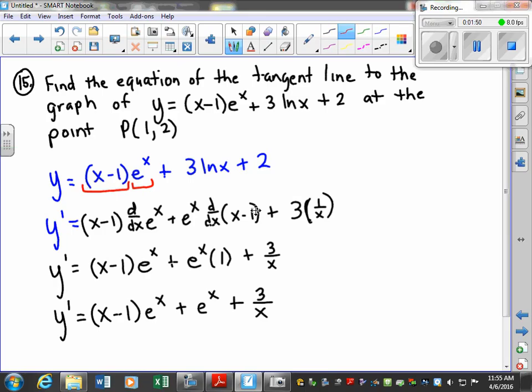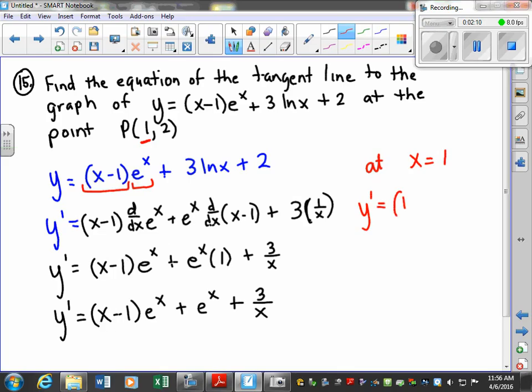Now we want to evaluate that at x equals 1 because we have the point that was given to us. So we want to know y prime at 1. Everywhere there's an x, I'm going to put in a 1.